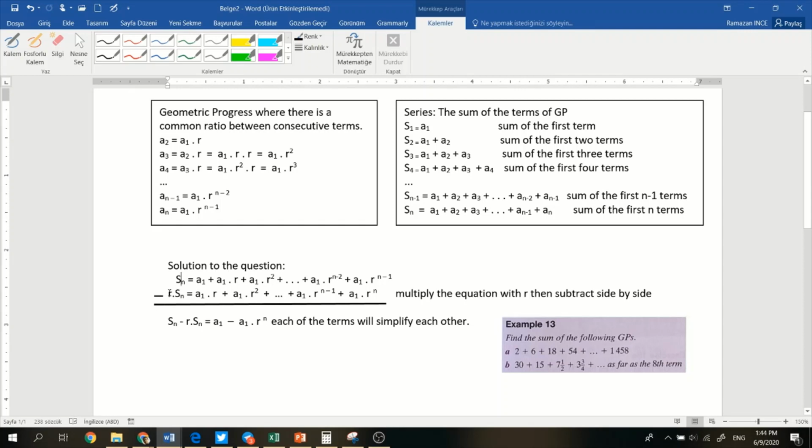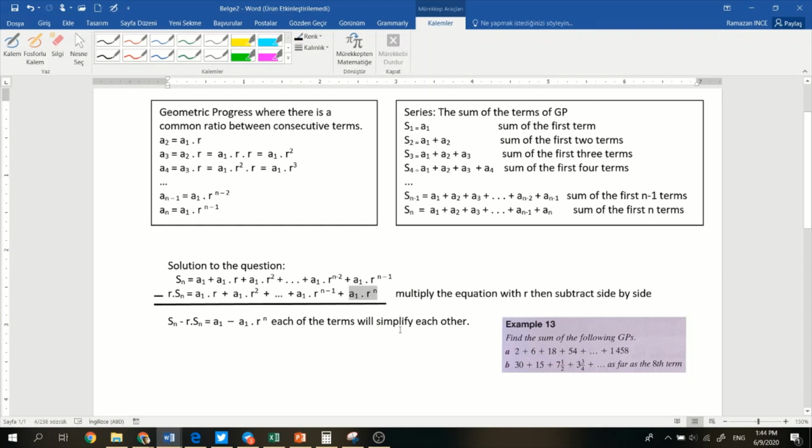Instead of Sn we will have R times Sn, and instead of A1 we will have A1 times R. Instead of A1 times R we will have A1 times R square. Instead of A1 times R to the n minus 2 we'll have A1 times R to the n minus 1. And as the last term, instead of A1 times R raised to power n minus 1, we'll have A1 times R raised to power n.